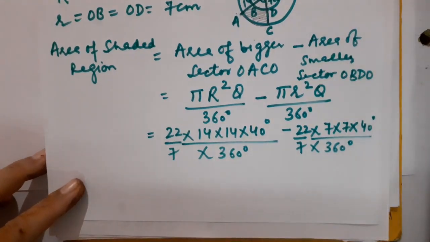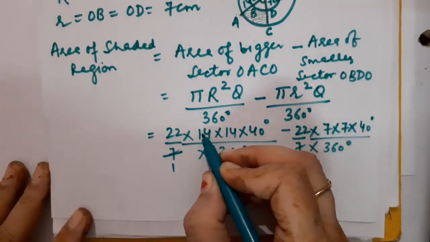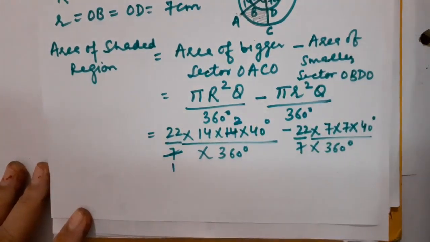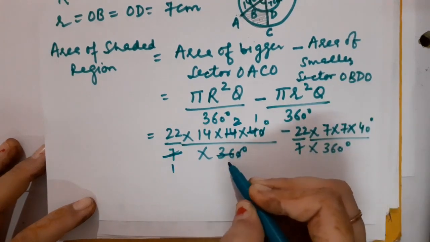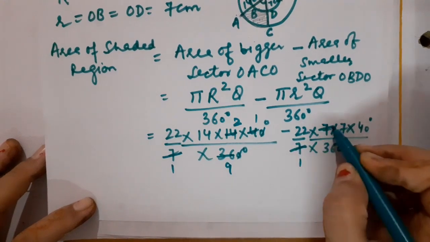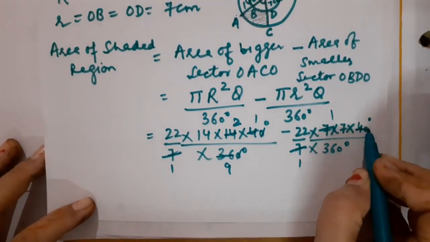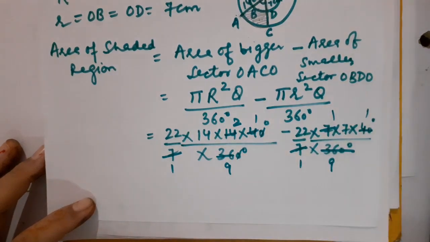Clear, children? So let us start the calculation part. 7 1s are 7, 7 2s are 14. Zeros are going to be cancelled. 4 1s are 4, 4 9s are 36. Here also cancel. 7 1s are 7, 7 1s are 7. 40 1s are 40, 9s are 360.